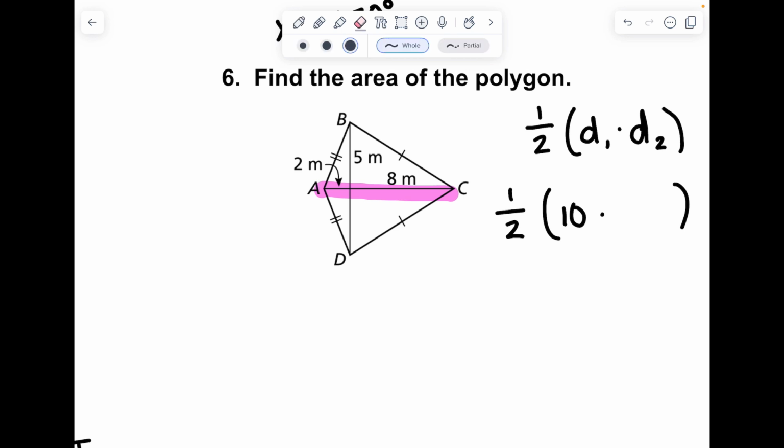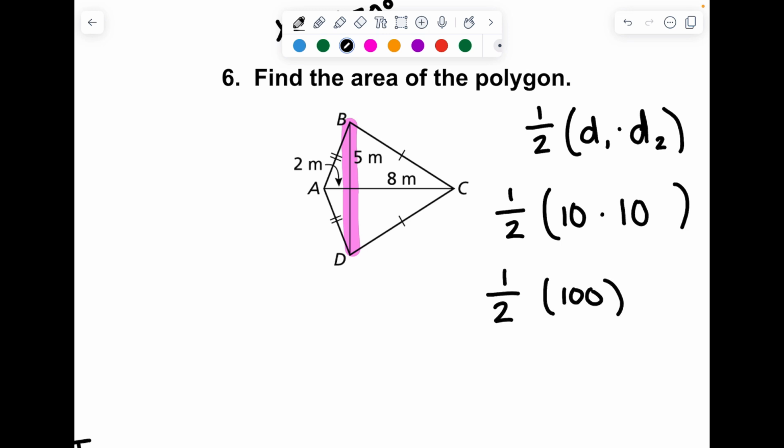And our second diagonal is 5 plus 5, so that's 10. So then we just need half of 10 times 10, which is 100. And half of 100 is 50. And we have meters squared. Area is always meters squared.